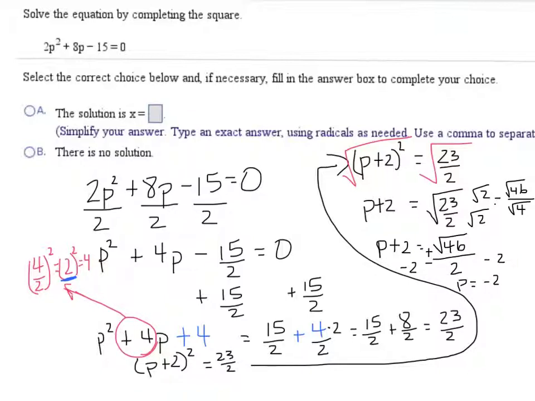So I'm going to write this as plus or minus square root of 46 over 2, which means I have to go back and get a common denominator so that I have it as a single expression, and I'll have p equals negative 2 minus square root of 46 over 2.